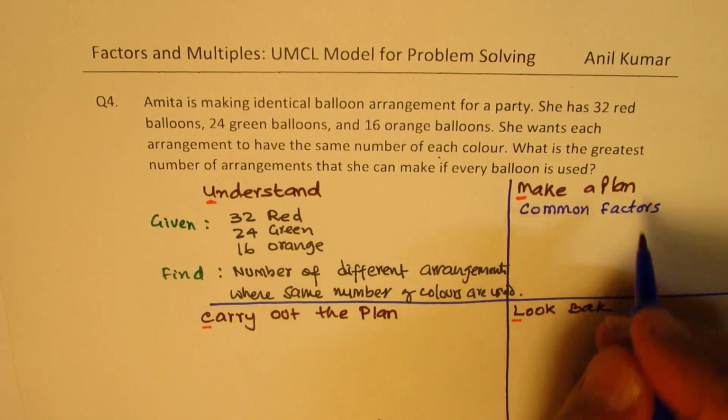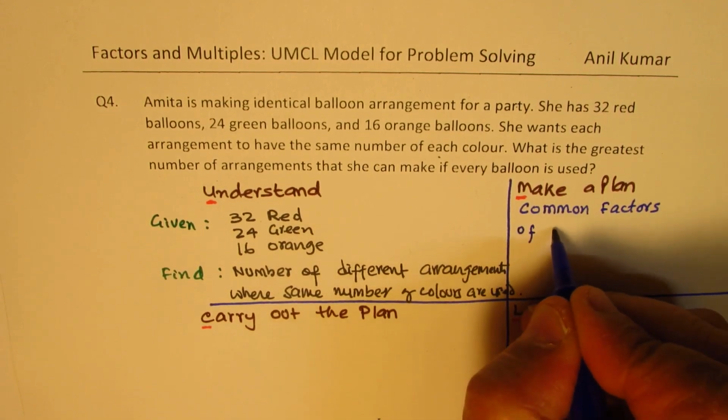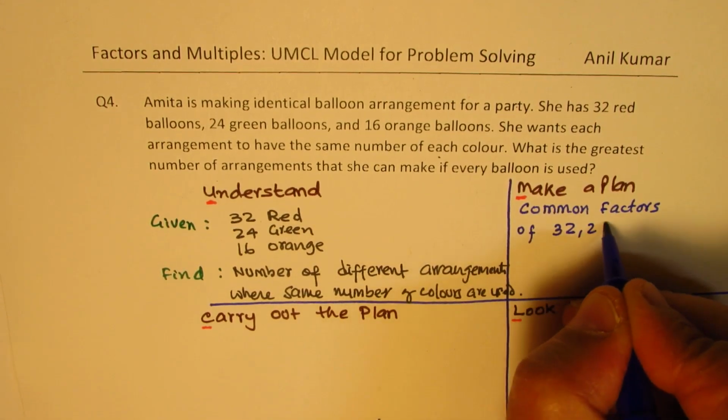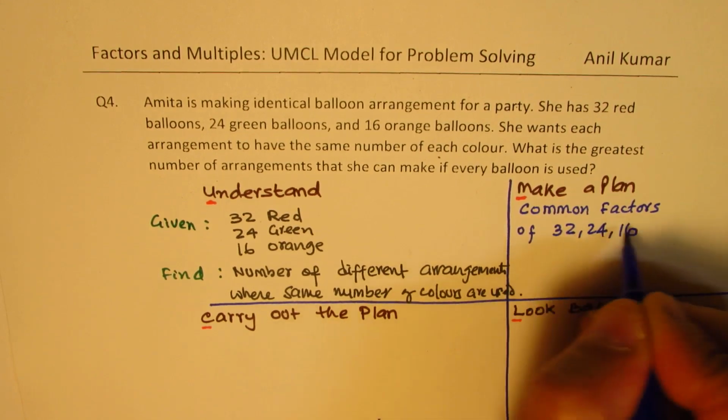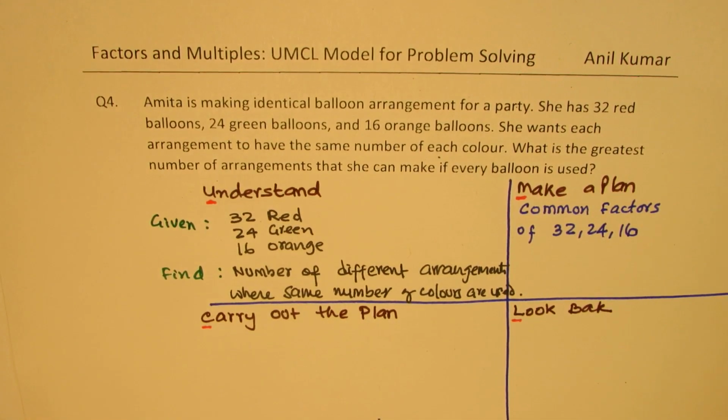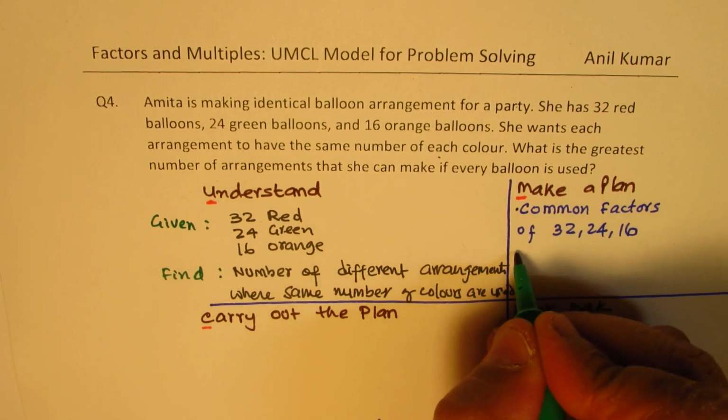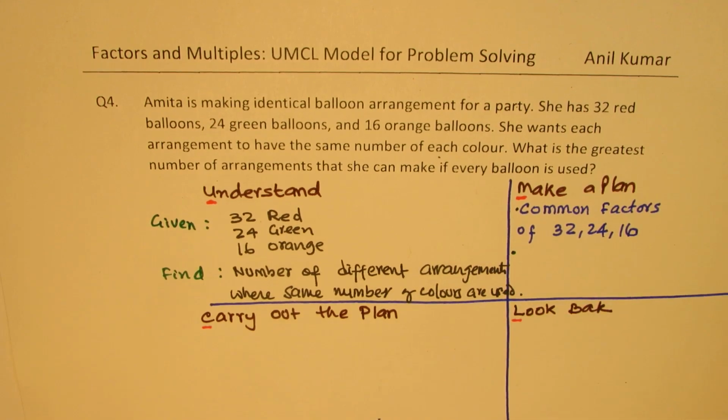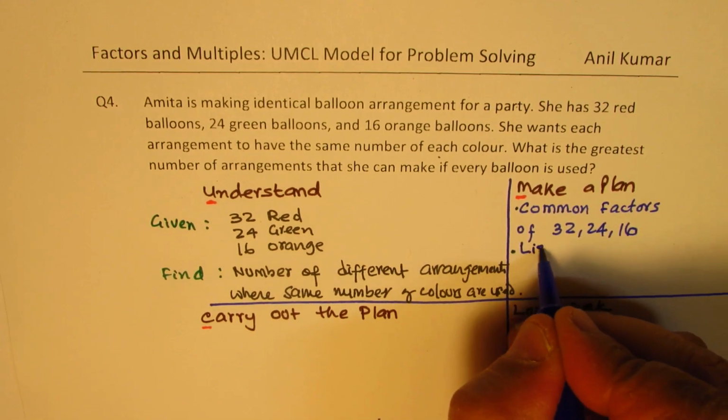So we have to find common factors of 32, 24 and 16, and that should give us a plan for making the arrangements. So let's first find the common factors. How do we find the common factors? We list all the factors to find common factors. So the step here to find common factors will be to list all factors.